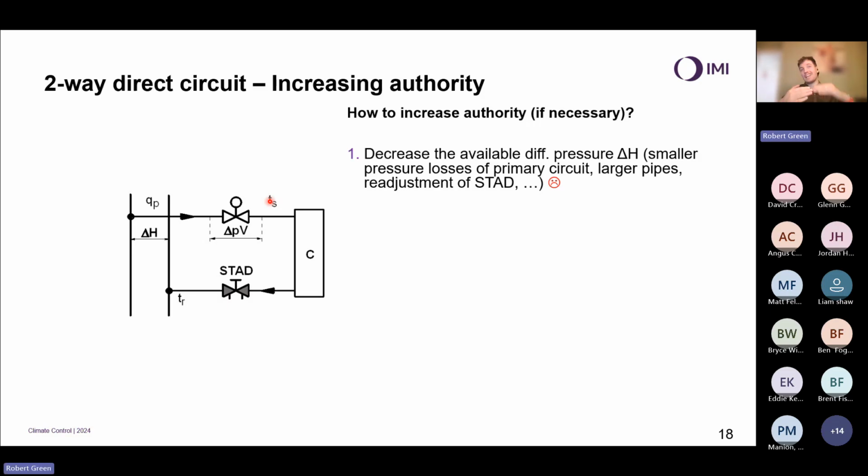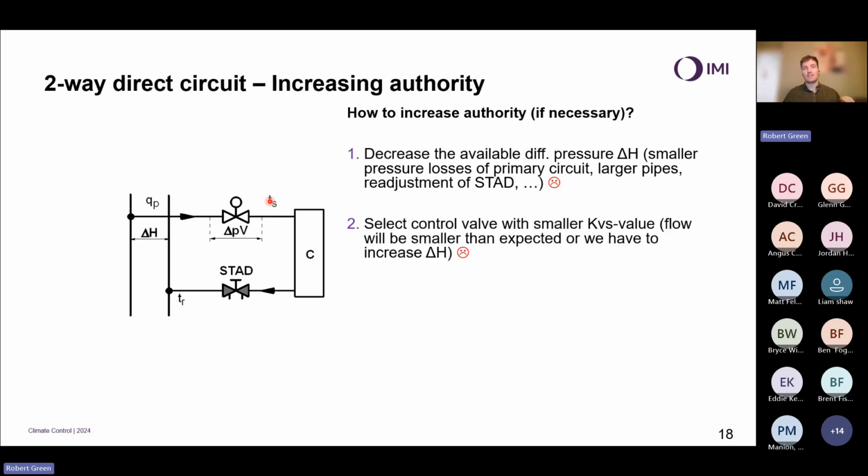Another option, we could change the top of that circuit, make that bigger. We could decrease the size of the control valve, i.e. restrict that control valve down further, increase the authority. But again, downside is we might have less flow than expected, or we have to increase the available head, so we're not efficiently doing the system.